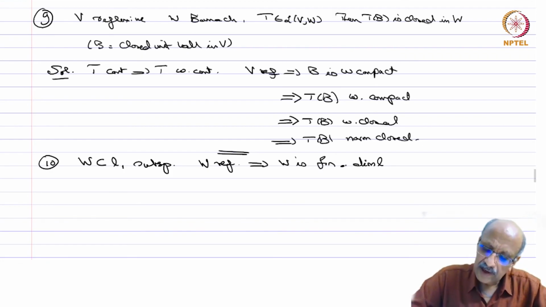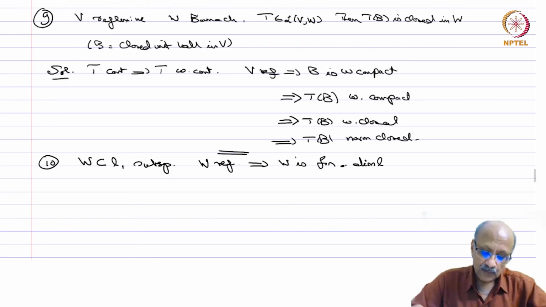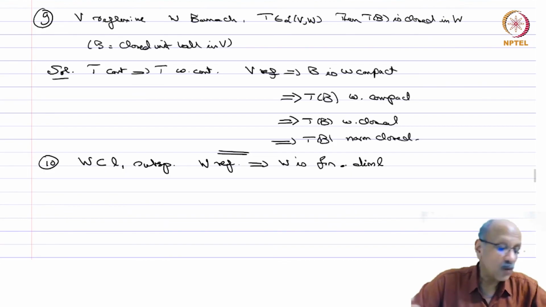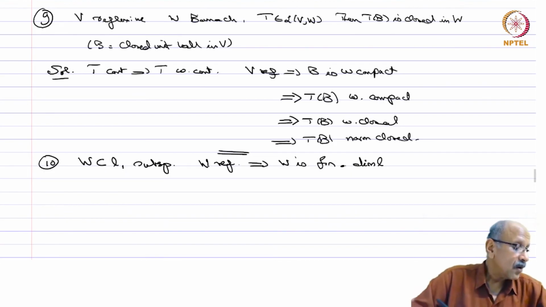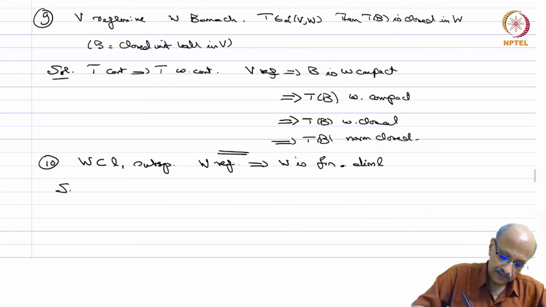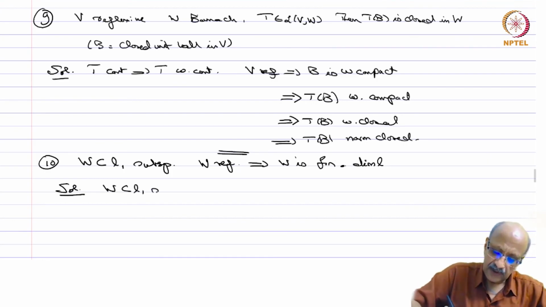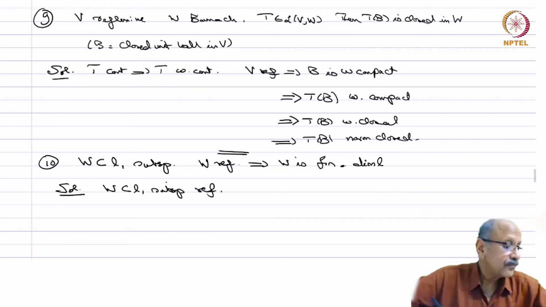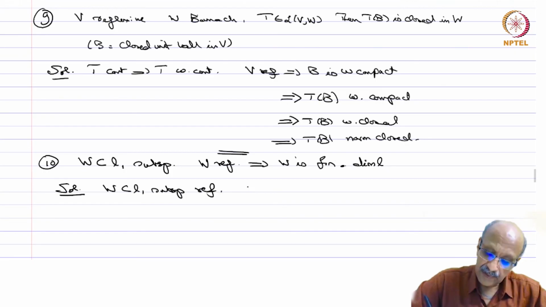So the only reflexive subspaces of little L1 are the finite dimensional subspaces. There are no other subspaces. So solution. W contained in L1 is a subspace which is reflexive.